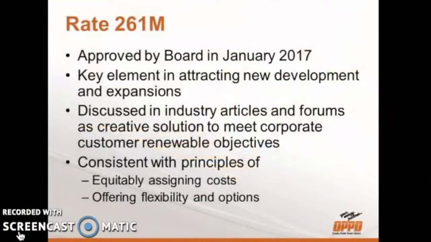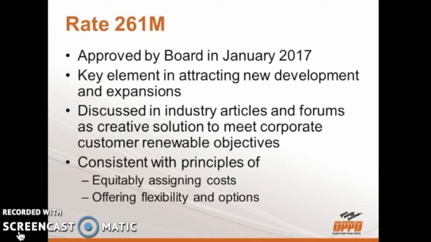As an example of flexibility and options, Rate 261 was designed and approved by you, the board, in January of '17. It was a key element in attracting new development as well as in discussions on expansions within our current customer base. It's been a major item of discussion in industrial articles as well as forums, and it creates a solution to meet corporate customer renewable objectives.